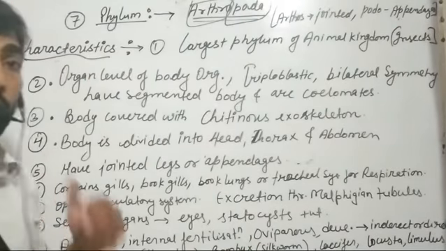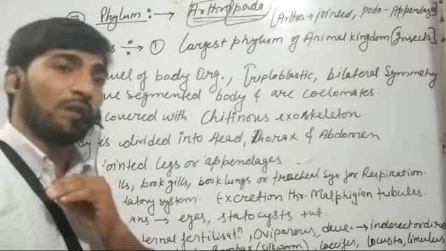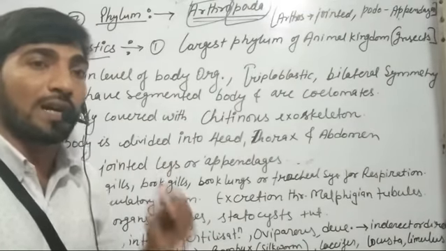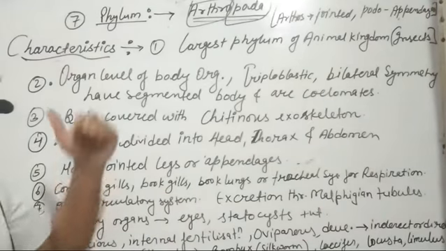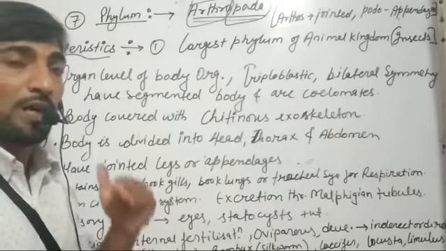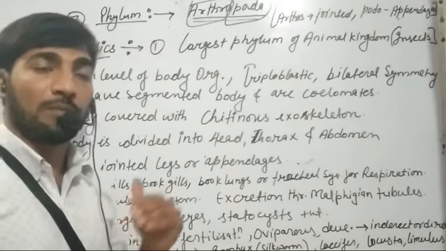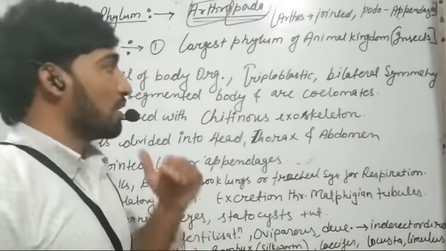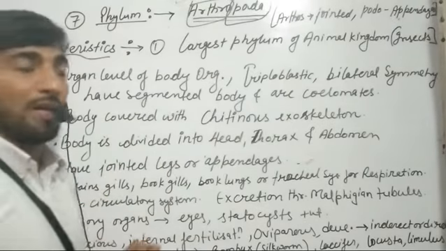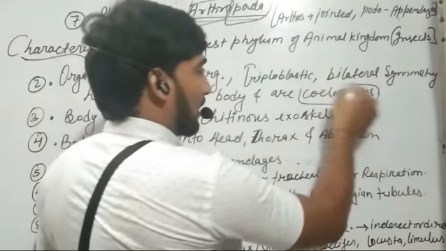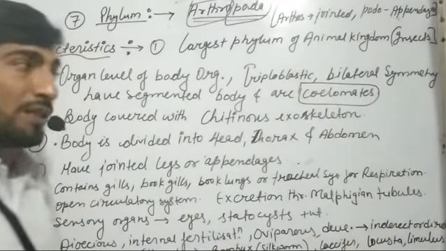Arthropoda includes nearly all the insects, and it is the largest phylum of the animal kingdom. Organisms that belong to Arthropoda have organ level of body organization, they are triploblastic, they show bilateral symmetry, they have a segmented body, and are coelomates. That means they contain true body cavities.